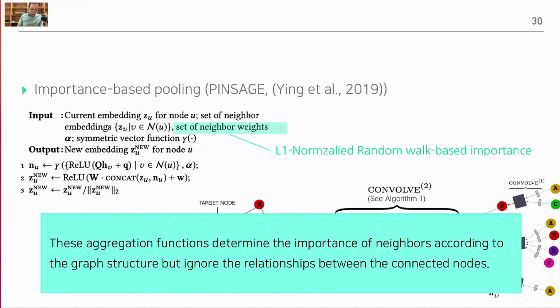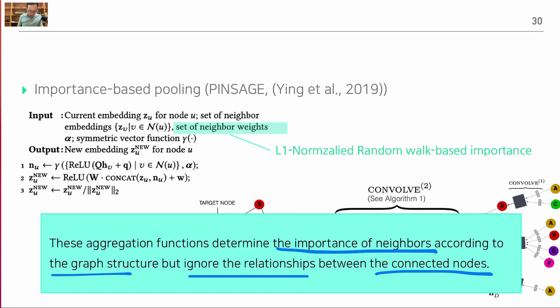So these aggregation functions determine the importance of the neighbors according to the graph structure, but we ignore relationships between connected nodes, because the importance is from the random walk, so it loses the relationship between the connected nodes.